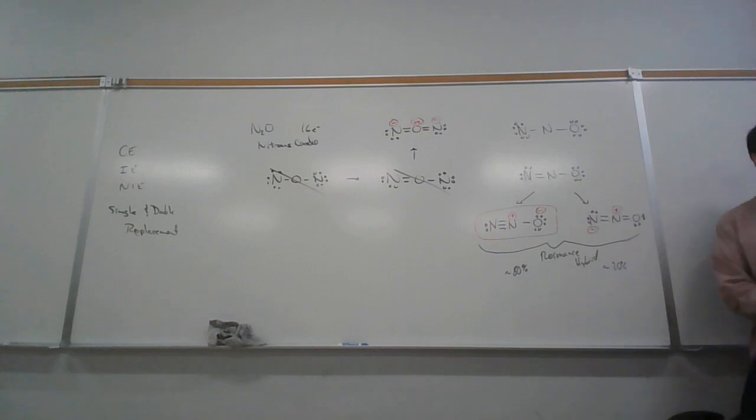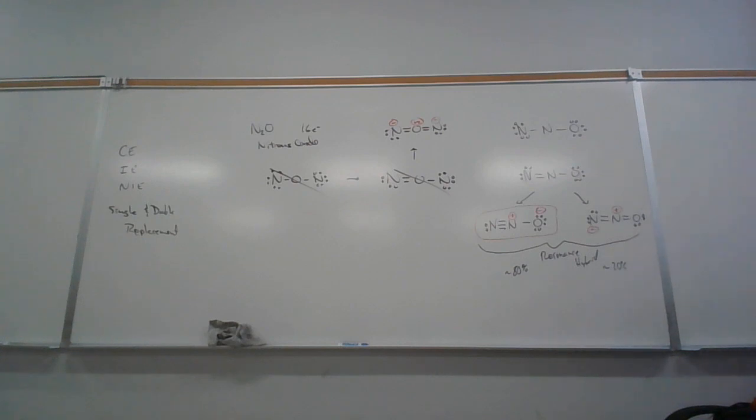The electronegativities, you have to be careful with electronegativities because the electronegativities that we use are Pauling's electronegativities. There's more sophisticated electronegativities out there. Pauling's electronegativities are great because it's so simple.